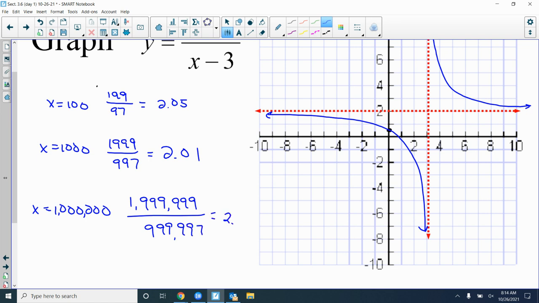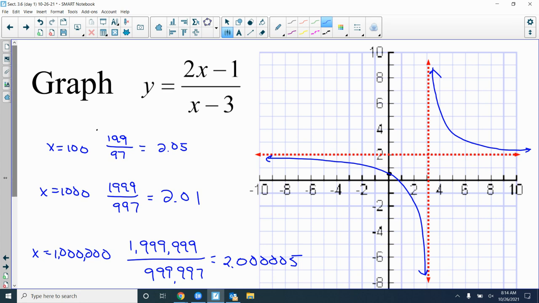Let me see what it looks like. How many zeros do we get before we get that 5? 1, 2, 3, 4, 5 zeros, right? Will it ever go below 2? It's never going to go below 2.